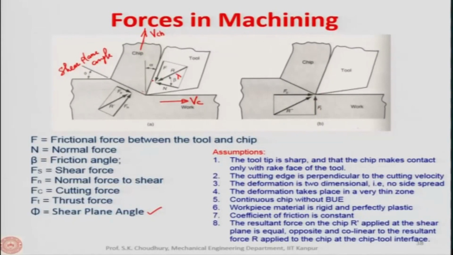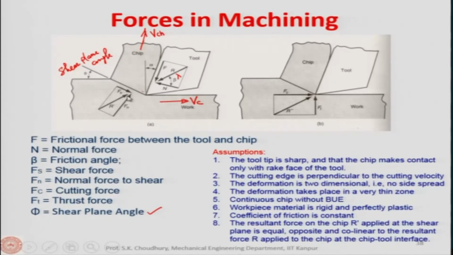If alpha is different, that means the inclination of the tool is different, then the direction of F will be different and the direction of N and R will be different. Similarly, as phi is changing, the inclination of the shear plane will be changing. In that case, the inclination of Fs, since it is parallel to the shear plane, will change direction, and so on.